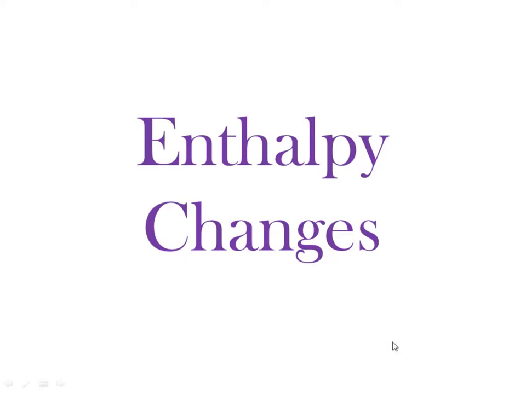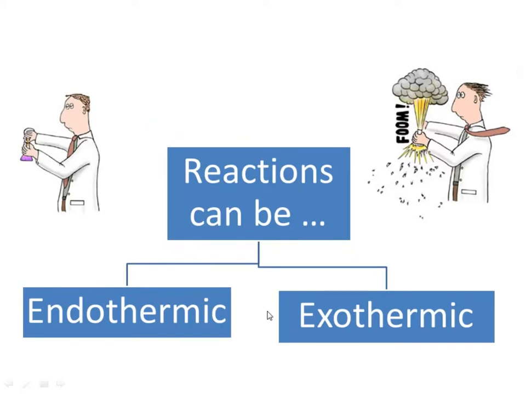Hi friends, today we are going to review enthalpy changes. On the basis of heat, reactions can either be endothermic, which means they will absorb heat, or exothermic, which means they will release heat.